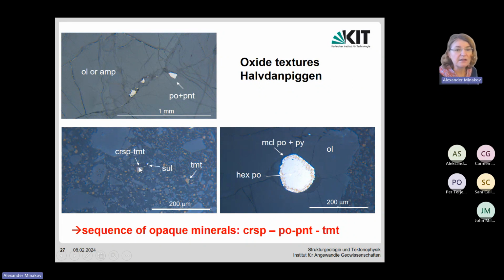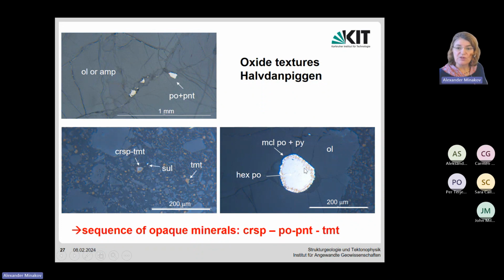chromium spinel, similar to what I've shown you before from the Mythina, surrounded by titanomagnetite. And we see sulfides, we see pyrrhotite and pentlandite as early phases, and they are forming along the fractures in the olivine, yeah, so the mantle olivine.